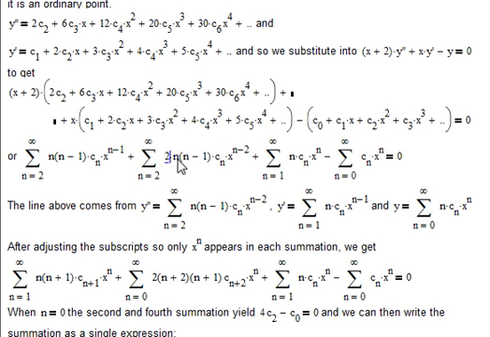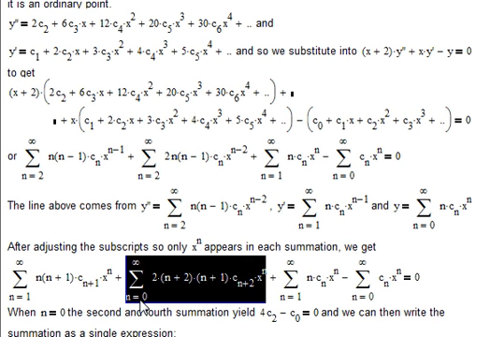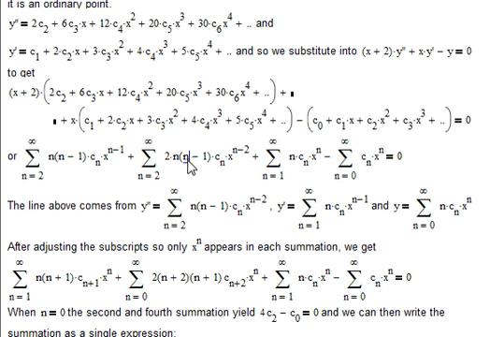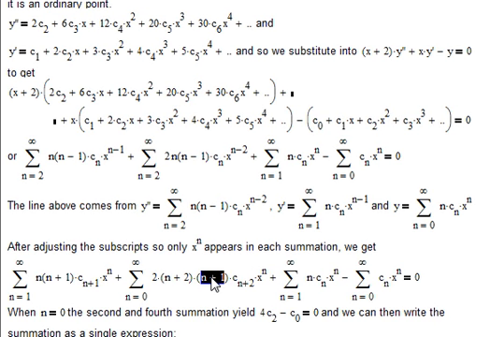We want n plus 2 instead of n, so the only way that would happen would be if we kept this 2 here. This n is replaced by n plus 2, but now we start with n equals 0, so that would work out. This n minus 1 is going to be n plus 1, but now we're starting at n equals 0. Remember, if n equals 2, this is going to be 1. Now if n equals 0, this is going to be 1.